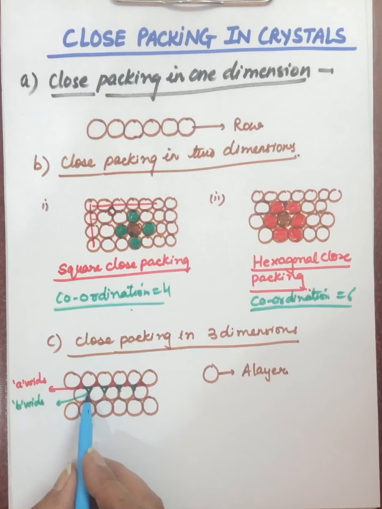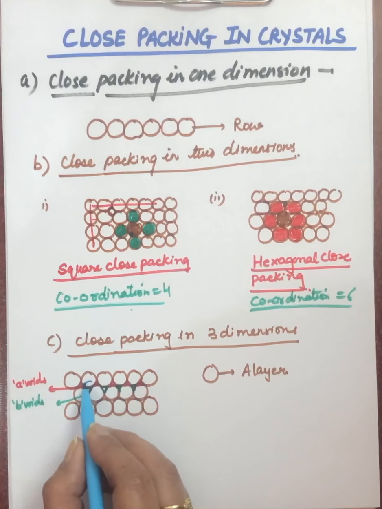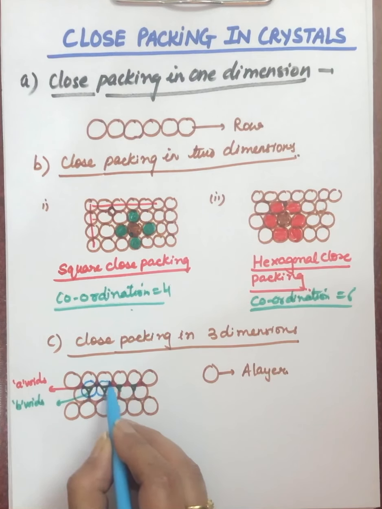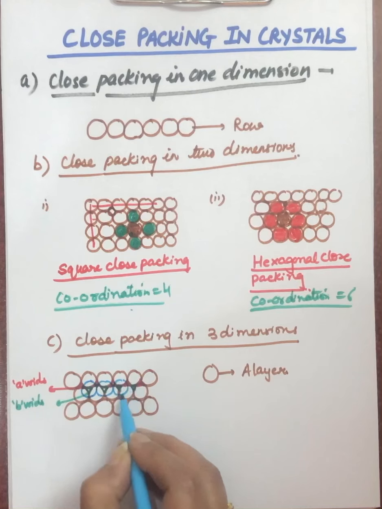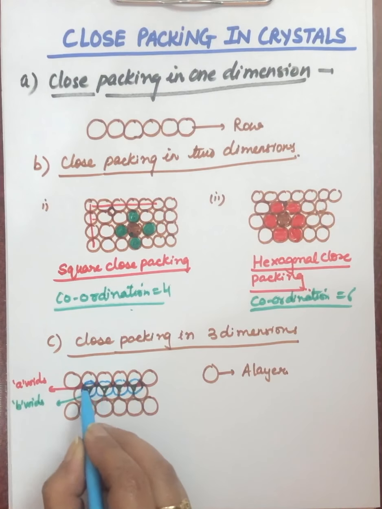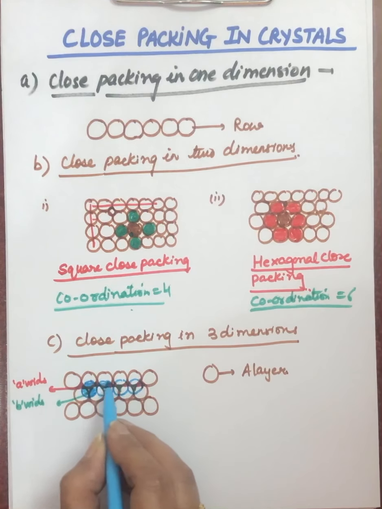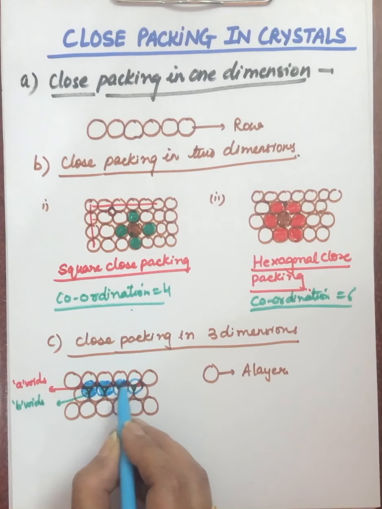I'm using these green ones, B voids, I'm choosing for example. So if I keep the particles above these like this, covering up these voids, I'm getting the second layer.